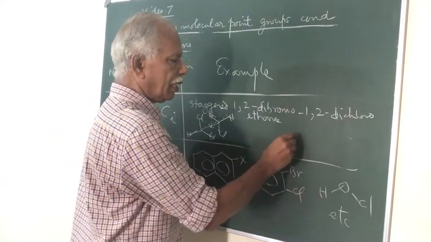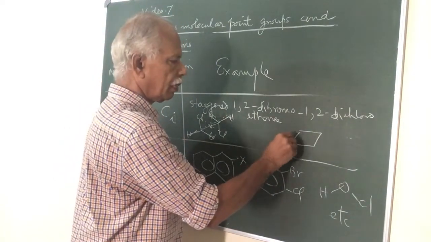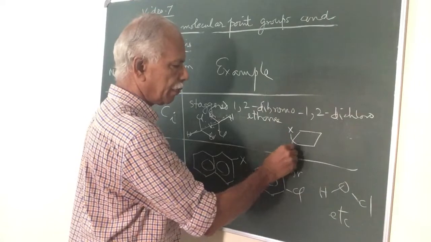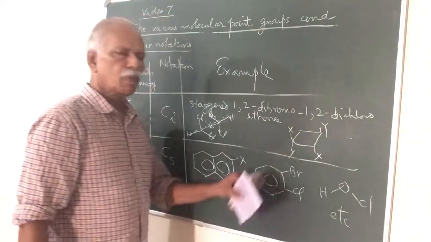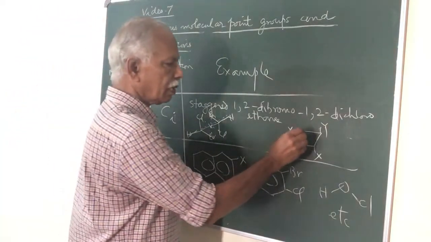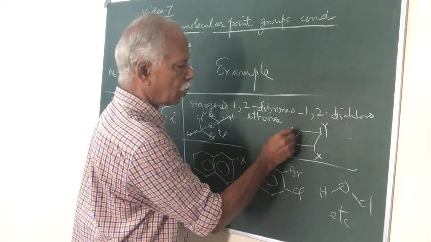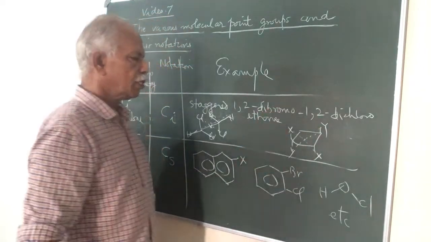Then a cyclobutane derivative like X, Y, Y, X. These are monovalent atoms or groups. At the center of the square, there is the center of symmetry.